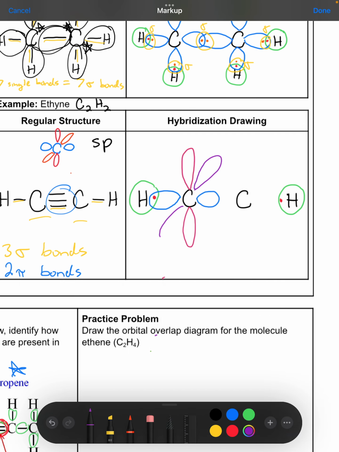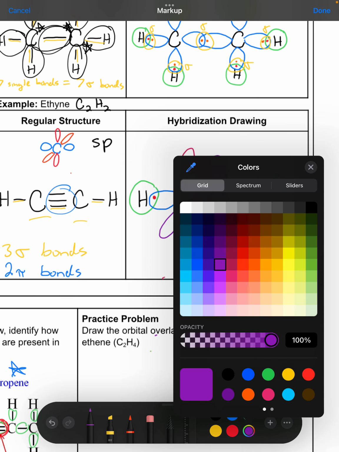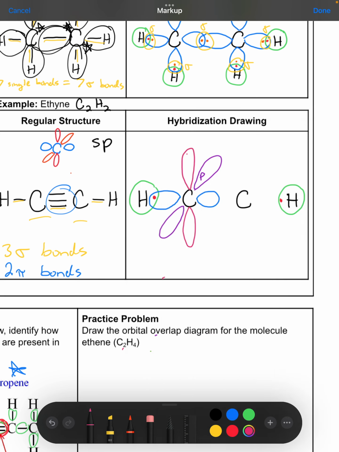All right. So let's just label that really quickly. This is a p. This is a p. And then both of the ones in blue are sp hybridized ones. And I'm just labeling them so that we can keep it straight. All right.